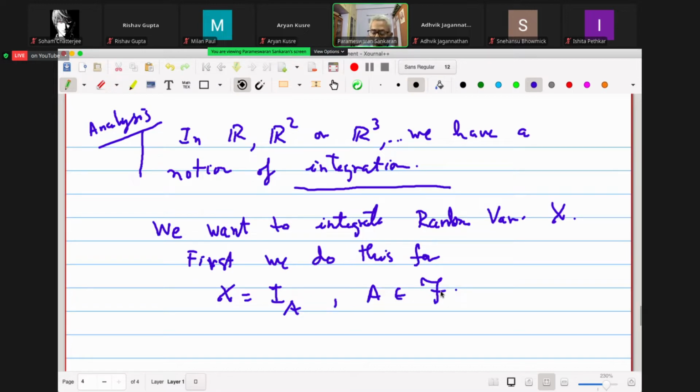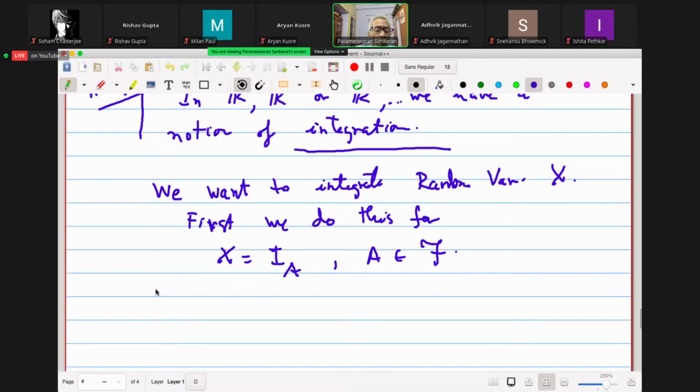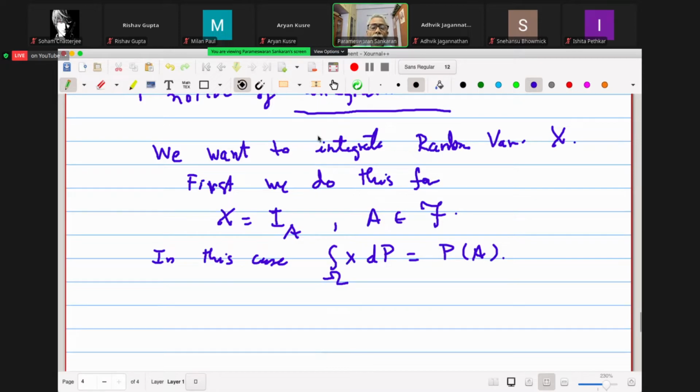Okay. In this case, well, you want it to be measure of A. Okay, integral of X over omega, the notation is dP. This is nothing but we want it to be P of A. Okay. So this integration notation is integral over omega dP.